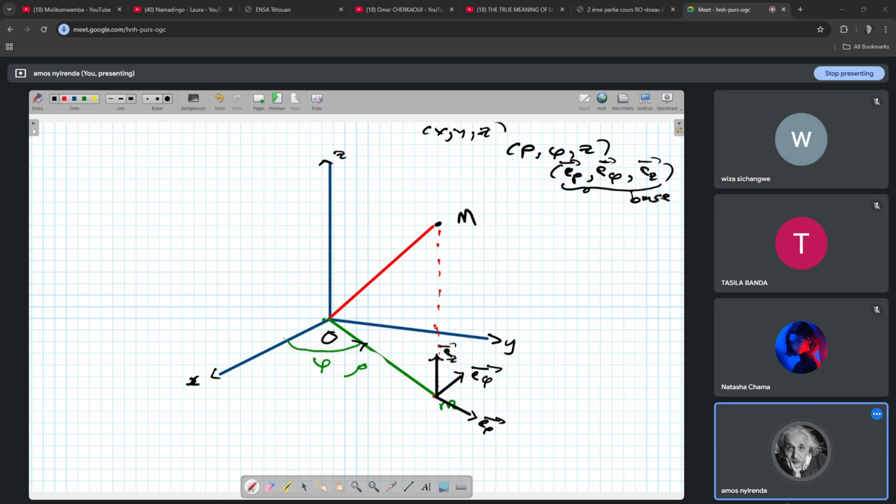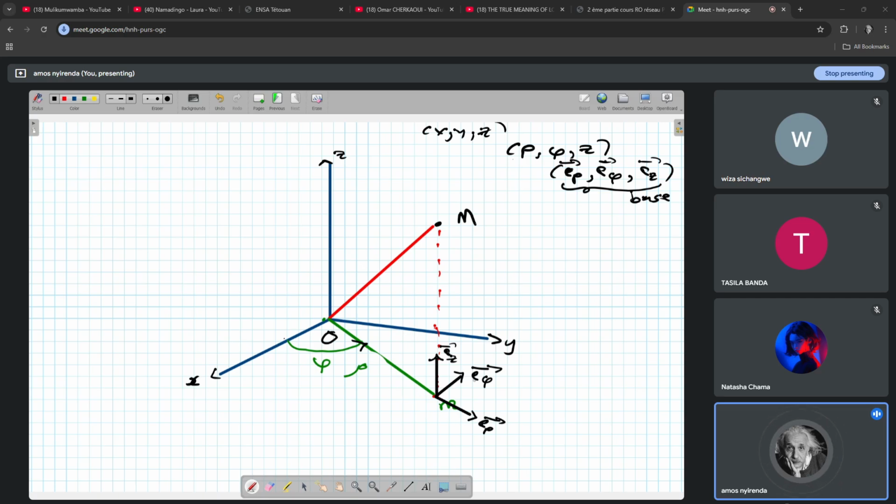So this e z, e phi, e rho are going to form a basis, an orthonormal basis, just like e x, e y, and e z form a basis in the Cartesian coordinate system. Here they're also going to form an orthonormal basis. So e rho is in what direction? It's in the direction of this rho, this vector Om.